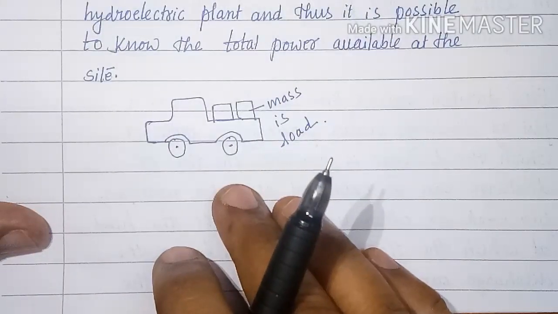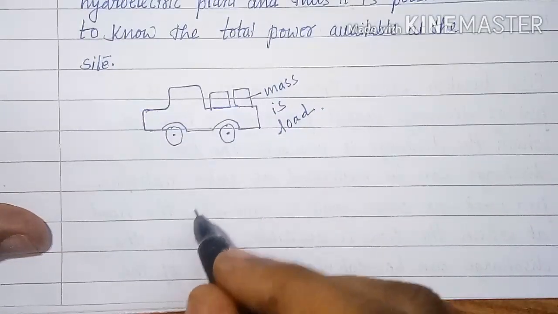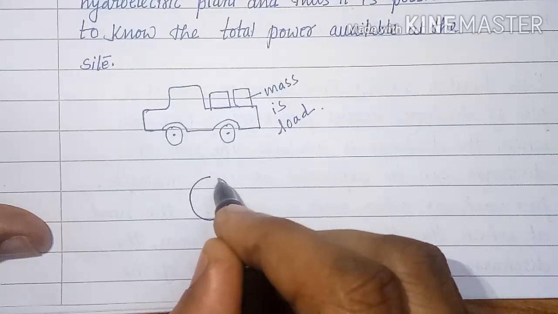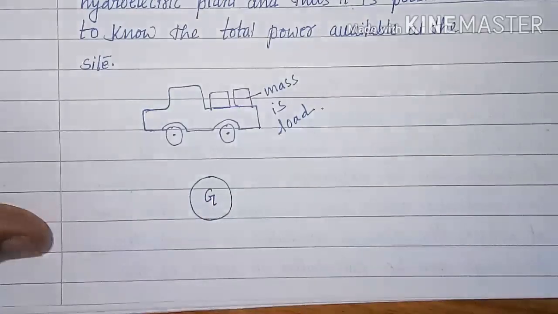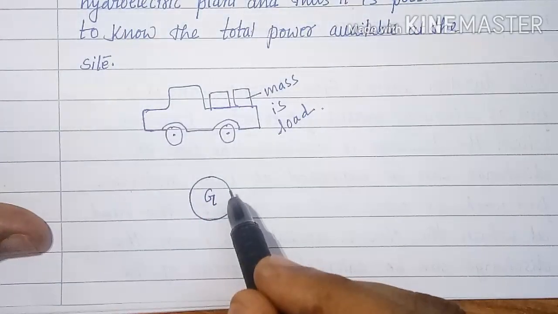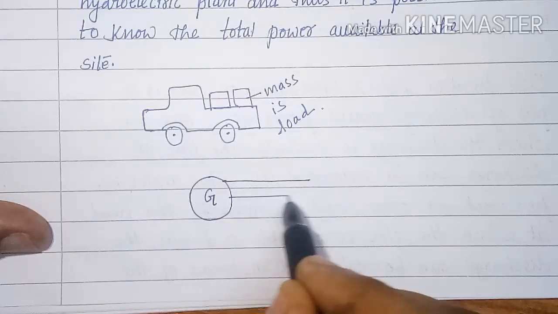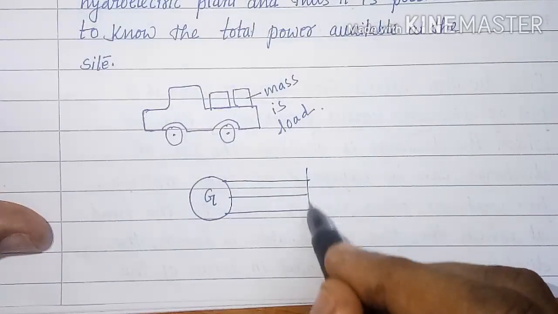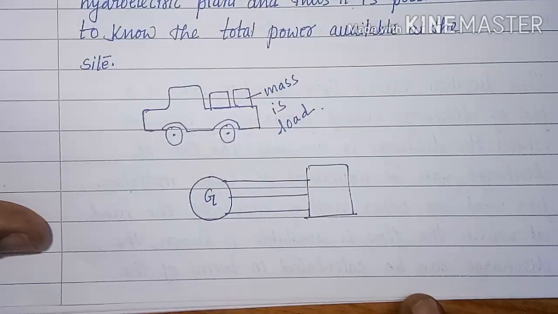Similarly, in electrical engineering, if we consider one generator, denoted by G, to this generator I can connect load.